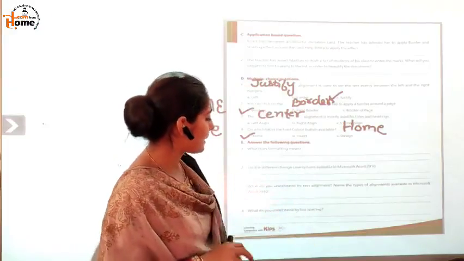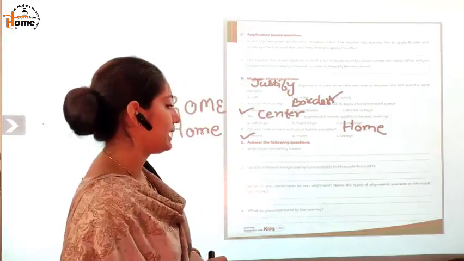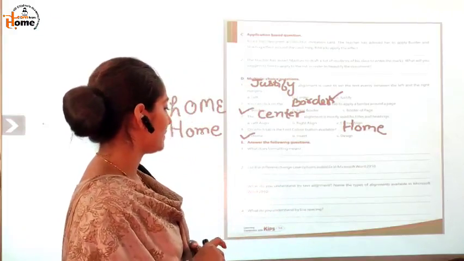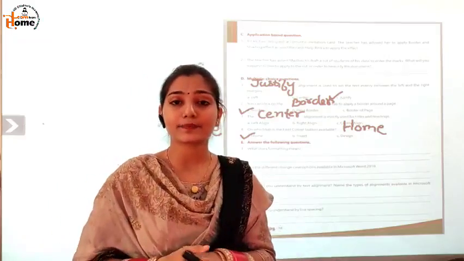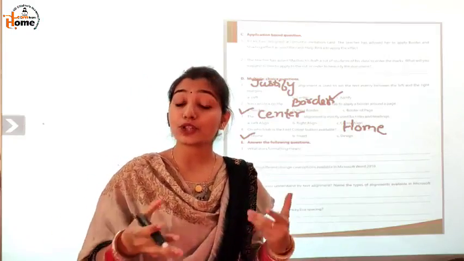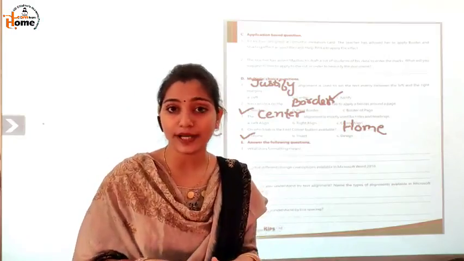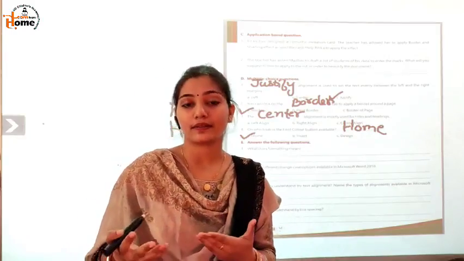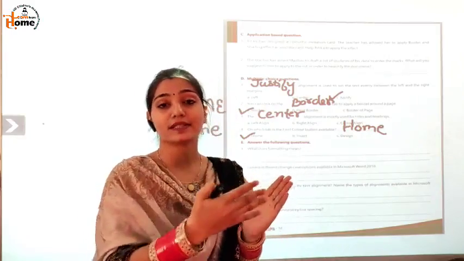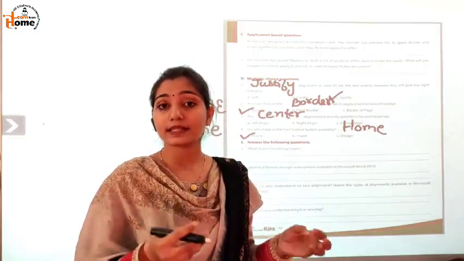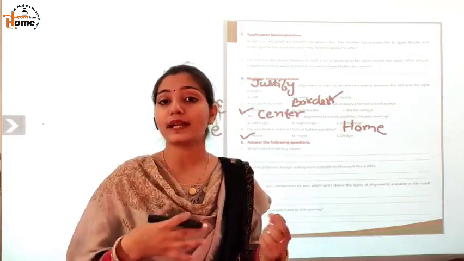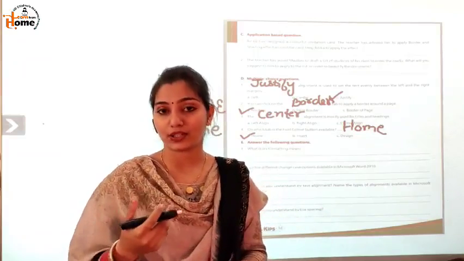question, what do you understand by text alignment? Name the types of alignments available in Microsoft Word 2010. What is text alignment? It is the position of the text on the page, right? From where it will start. Left margin and right margin, it will be equal. Okay? It is the placement of the text on the page.